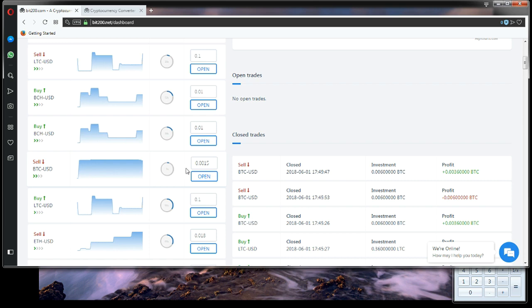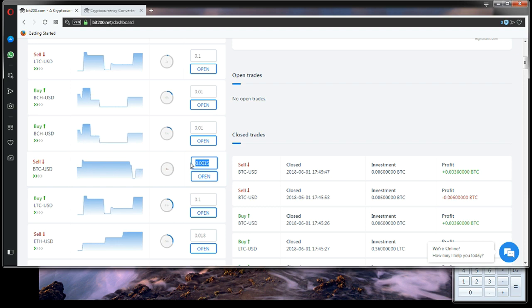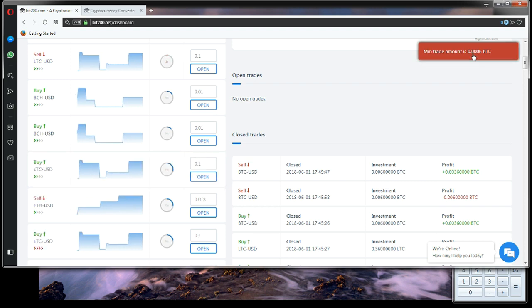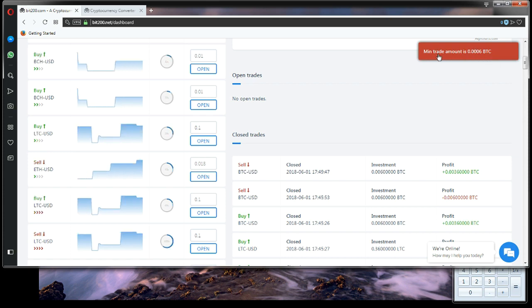Speaking of trades, you can open them using different amounts. For example, I will try to open with 0. It shows that this is too low an amount. This is more or less $5.